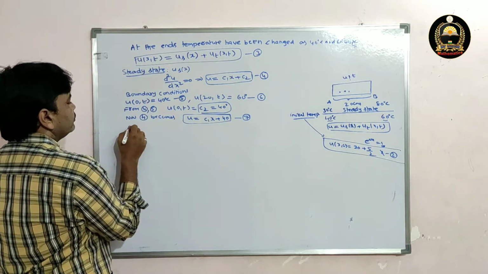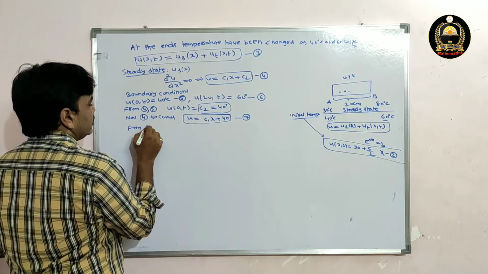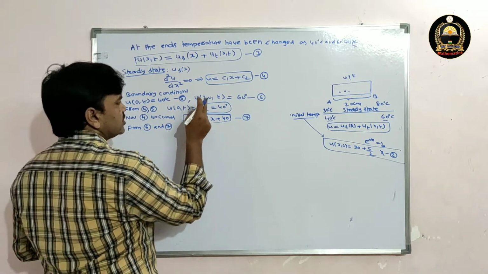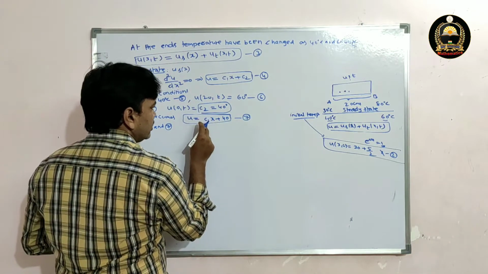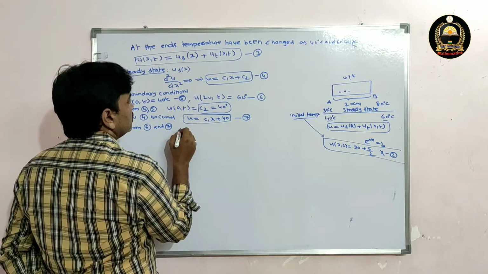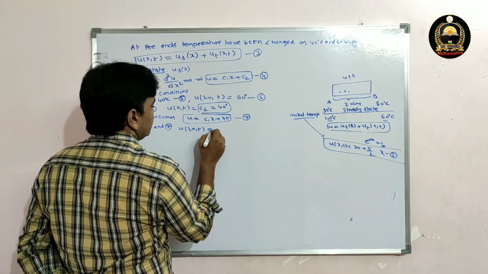Now from 6 and 7, I am using condition 6 and applying it in 7. So we get u of 20 comma t, that means x value is 20.